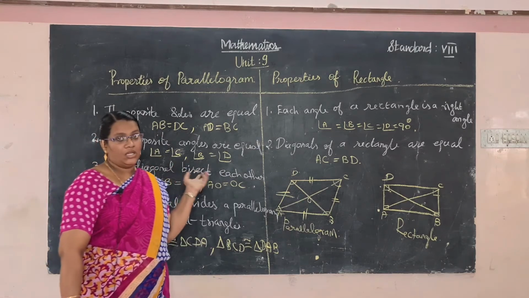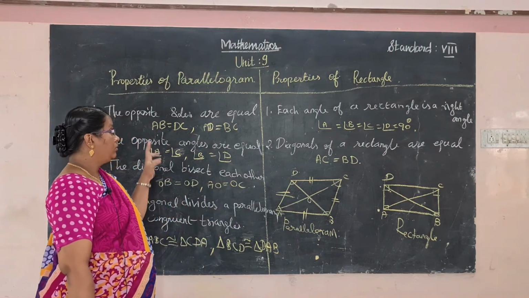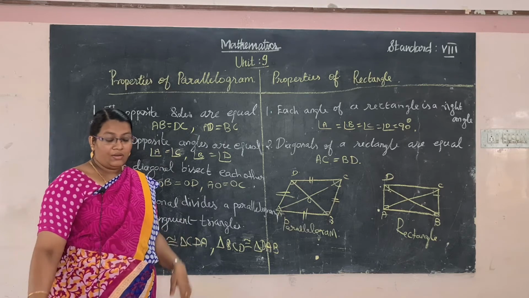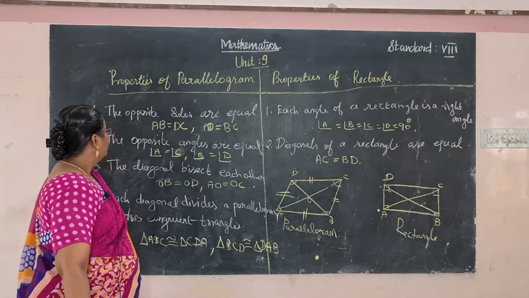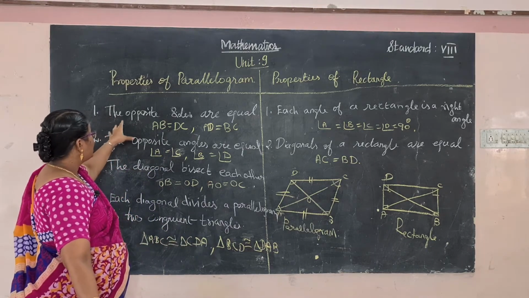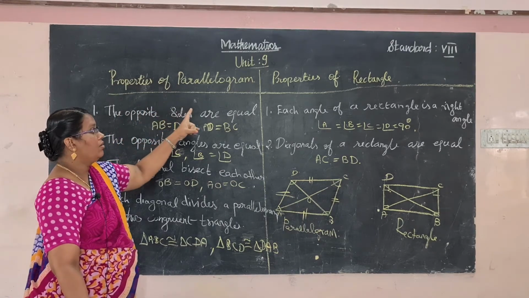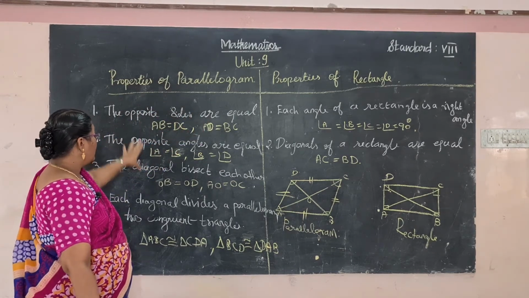We have learned two properties only today. We will see the related examples, and the remaining two properties we'll see in the next class. So what have we learned? The properties of a parallelogram and the properties of a rectangle.